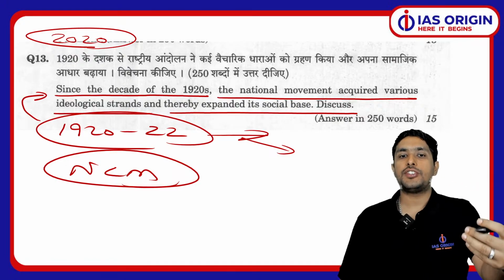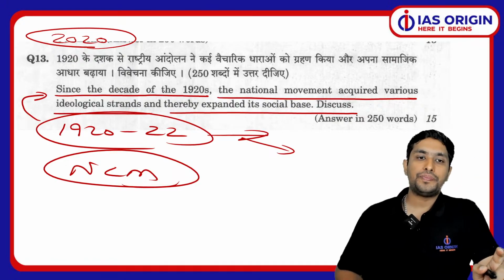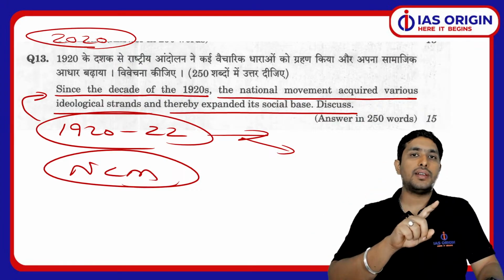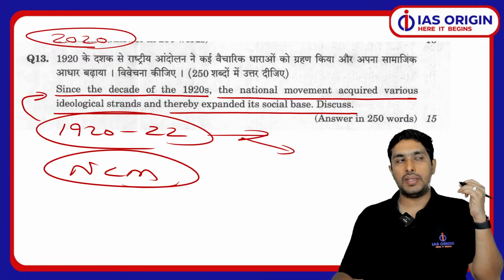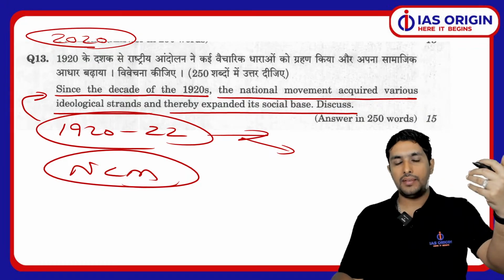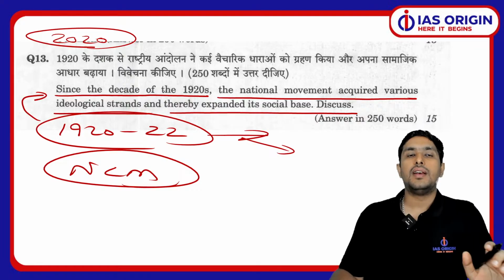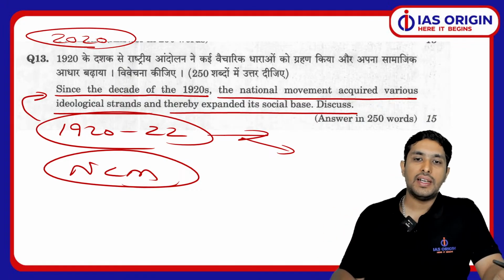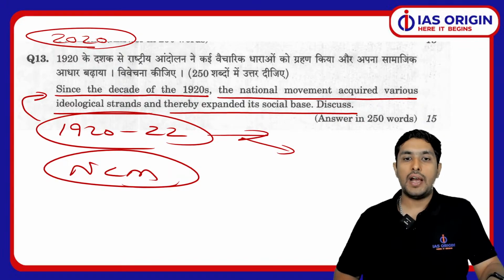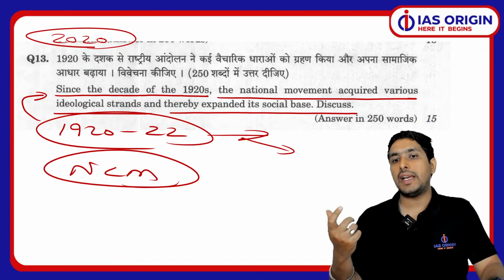They are contesting elections, they are entering the councils. So that is one thing. And then on the other side, we also have the emergence of HSRA. Earlier HRA was formed, then HSRA. That is the kind of nationalism, I will say, where revolutionary activities have increased. That is very much important. So you have to focus upon those revolutionary activities as well.